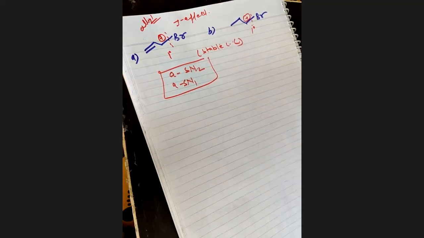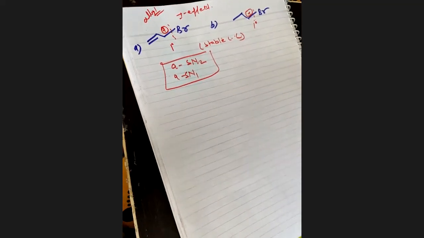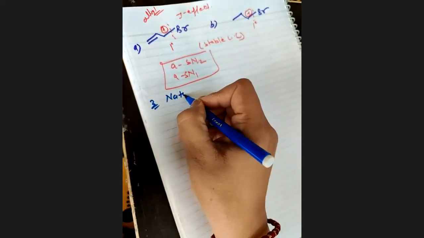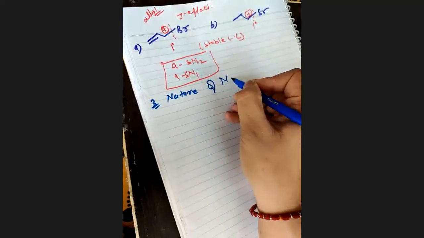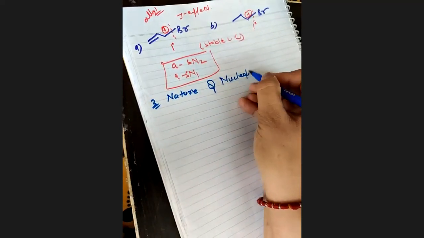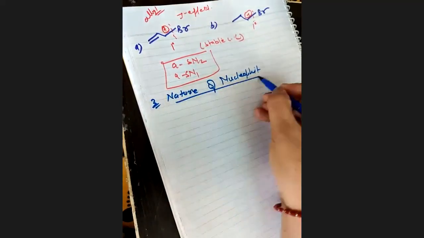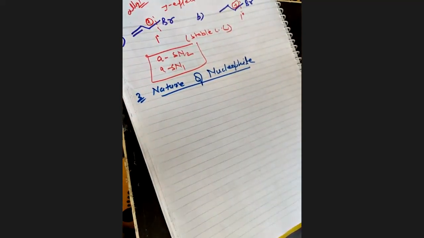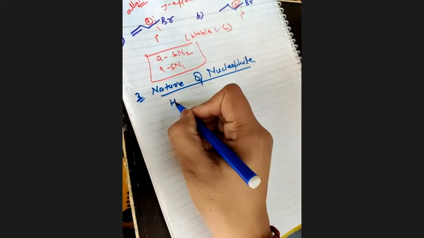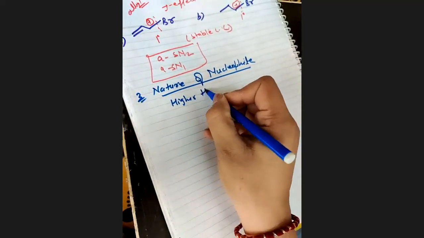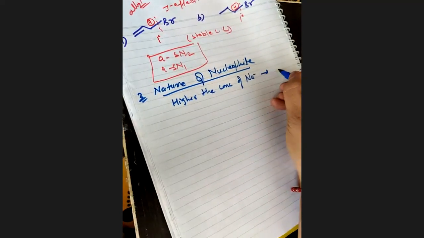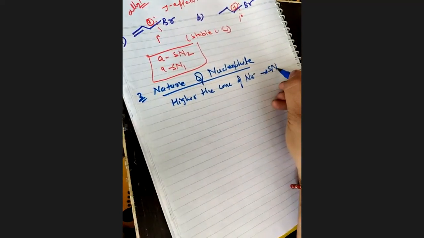Let me explain one more important thing, that is nature of nucleophile. Note it down very fast. We know that higher the concentration of nucleophile, more is SN2. Right?